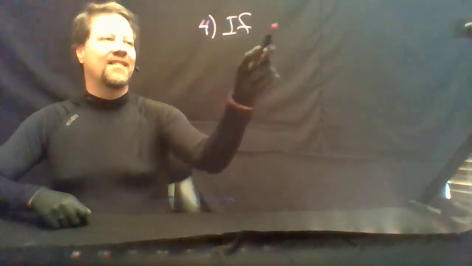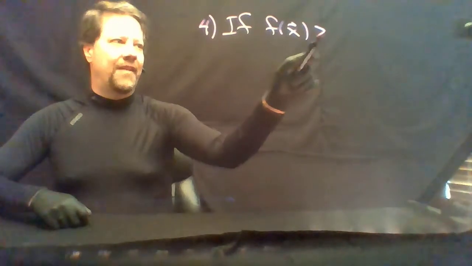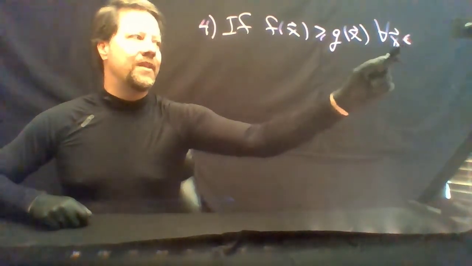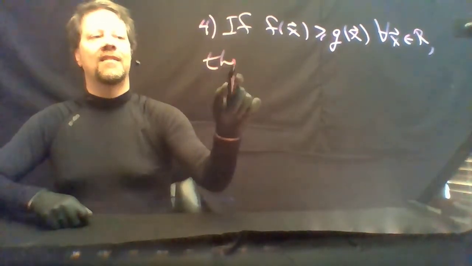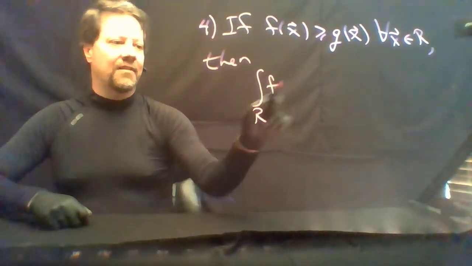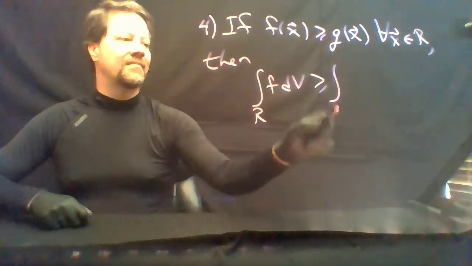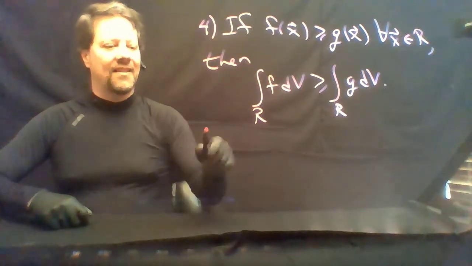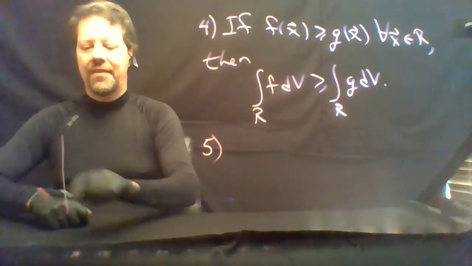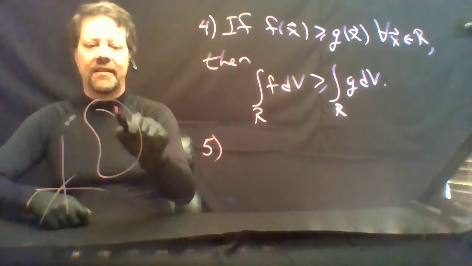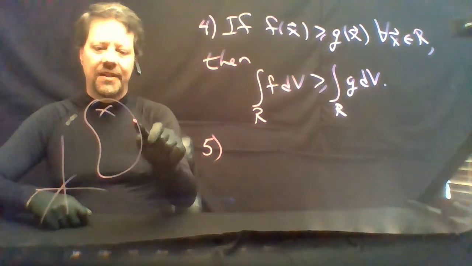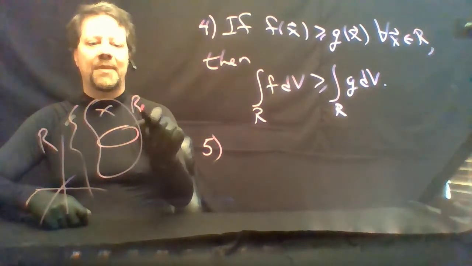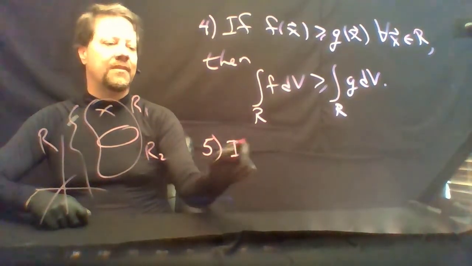Property 4, if f dominates g within the region R, then the integral of f will be bigger. Also, if you can divide some generic kidney-shaped region into two pieces, if the whole thing is R, the top is R1 and the bottom is R2.